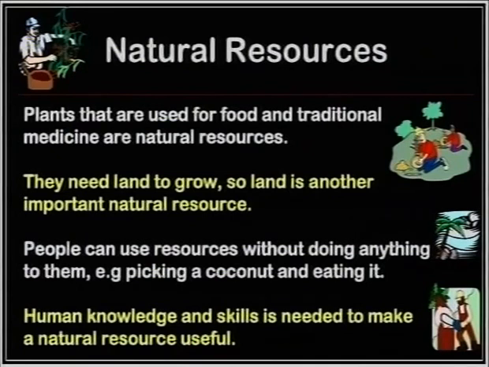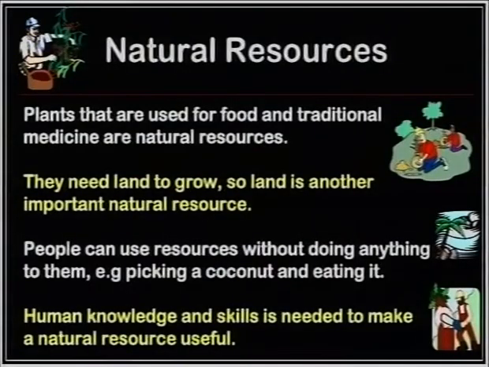Yes, Zimalin, receiving students. Plants are used for food and traditional medicine.